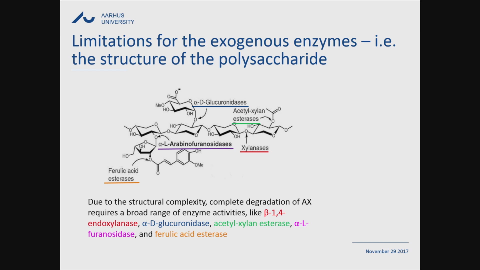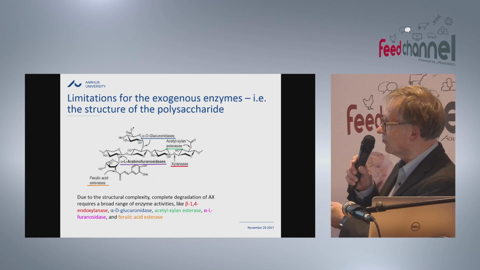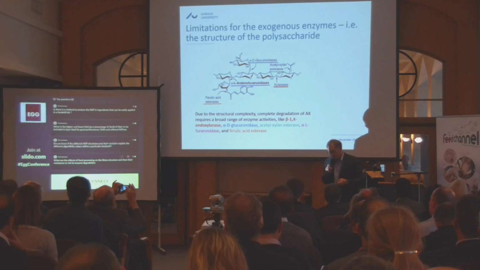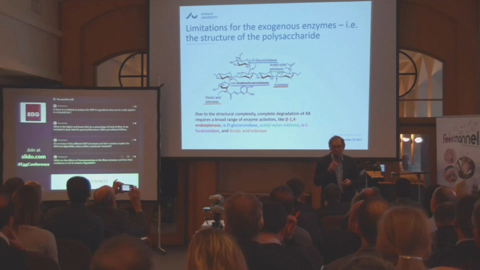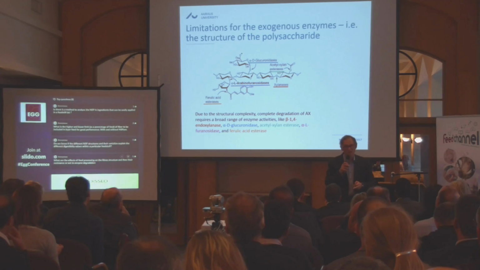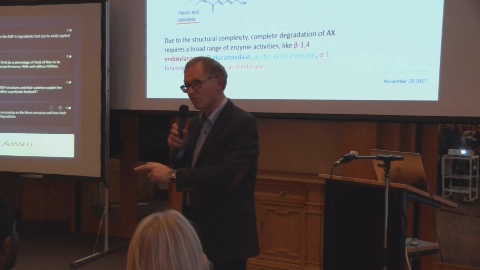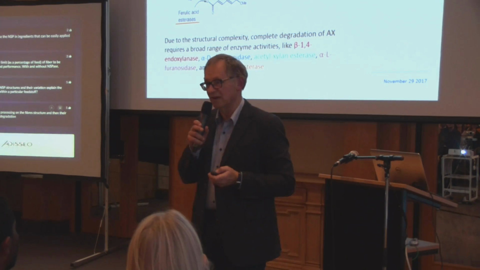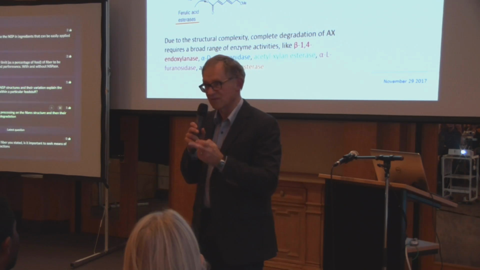Limitations with the exogenous enzymes relate to some extent to some of the structures we have here, very much depending on how the arabinoxylans are organized, and the cross-linkages between the different chains of arabinoxylans, the side groups, and so on. They will give some limitation in how the different enzymes can handle this structure.